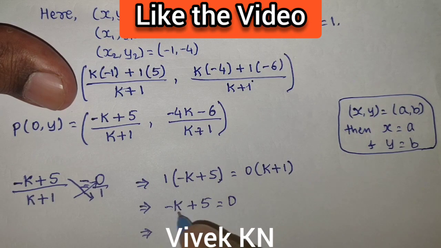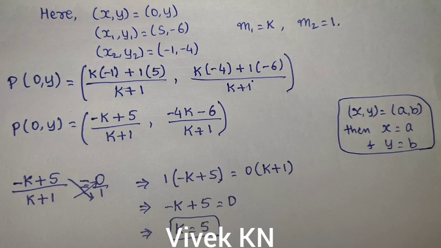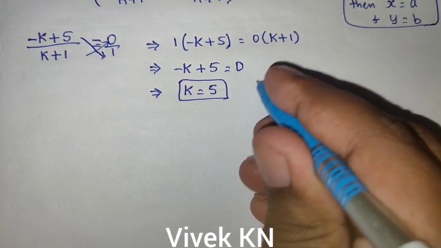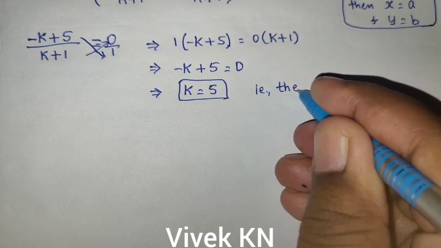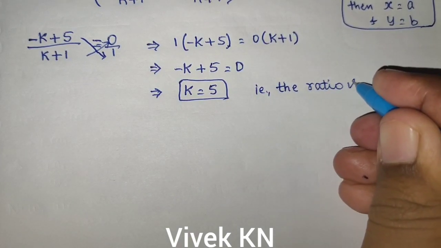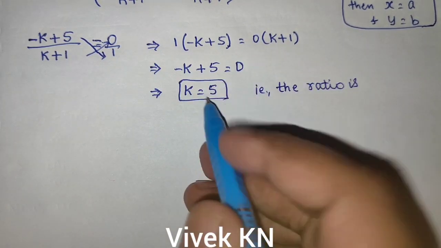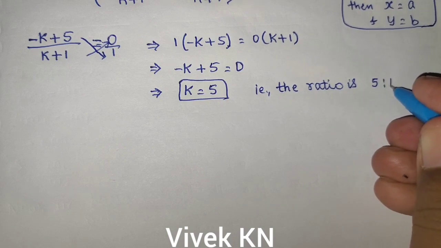That is, when we shift this -k to the RHS, it will become plus k and this is 5. That is, the value of k is 5. That is, the ratio k:1 is nothing but 5:1.